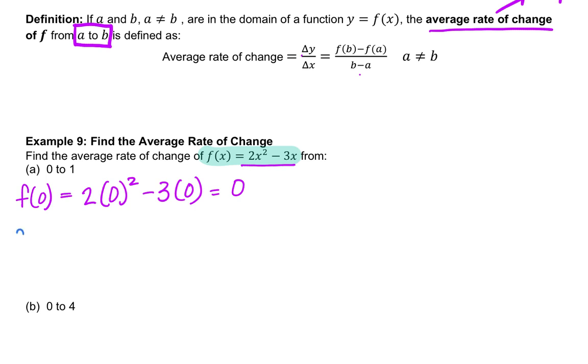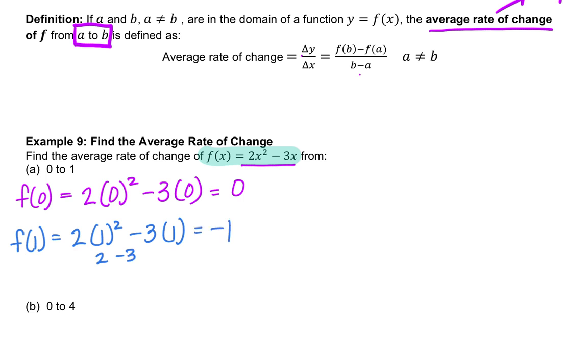And then I'm going to find out, well, what is it when I plug in a 1? 2 times 1 squared minus 3 times 1. Well, 1 squared is 1, and 1 times 2 is 2. 3 times 1 is 3. So that's -1.